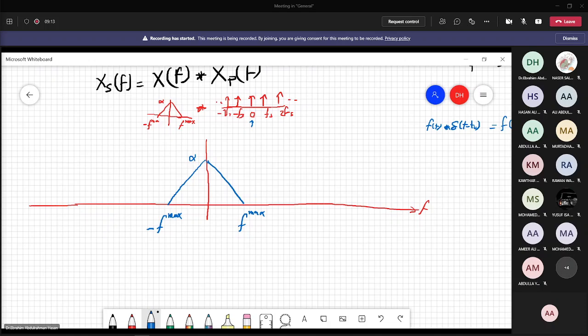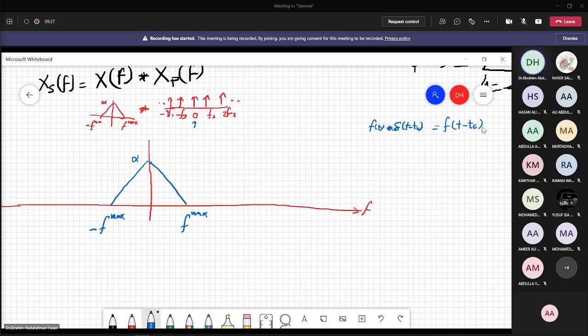Okay. طيب, convolution with delta t minus t naught, I will get f of t minus t naught. Okay, so then here I will get exactly the same as f of t just shifted to t naught.